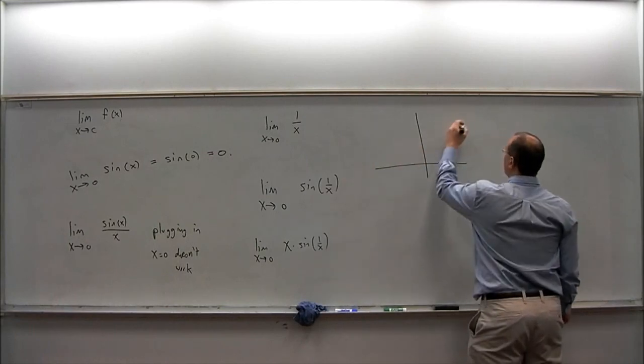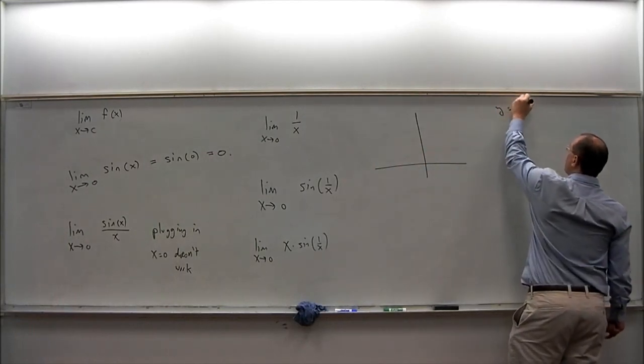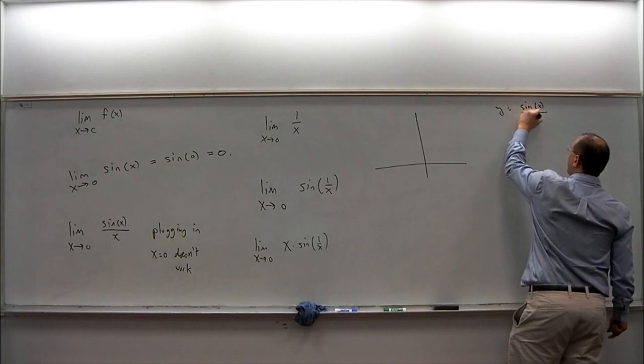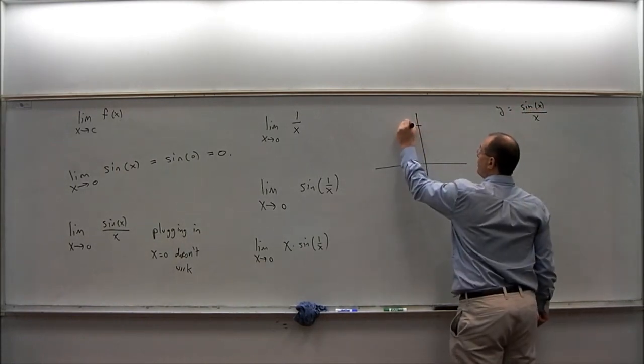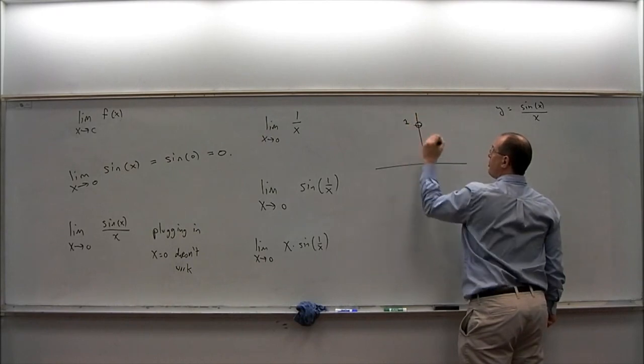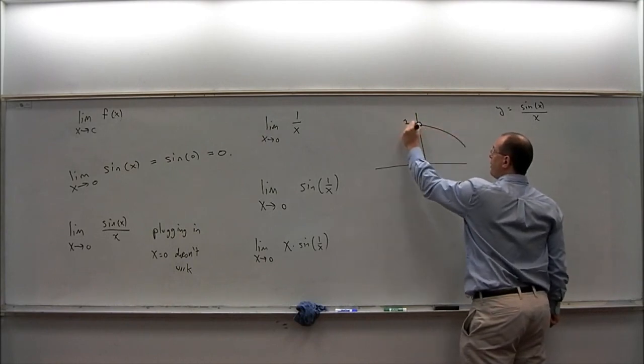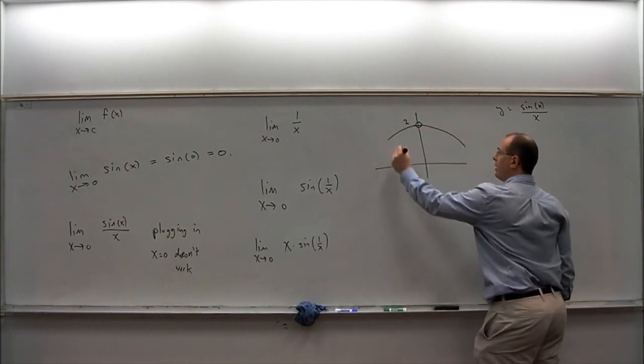Of this function, y equals sine of x divided by x, if we draw a graph of that function, this is the height 1, I'll put an open circle there. The curve looks like that.